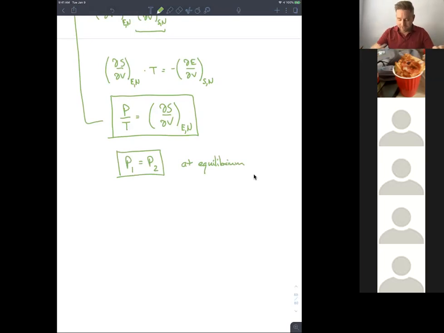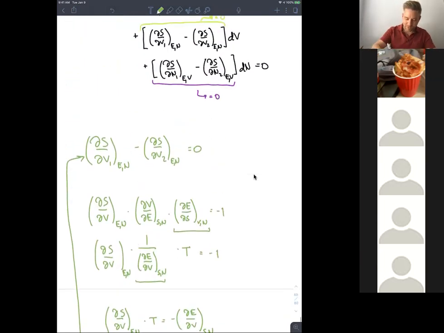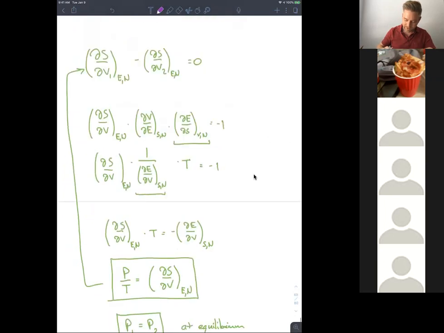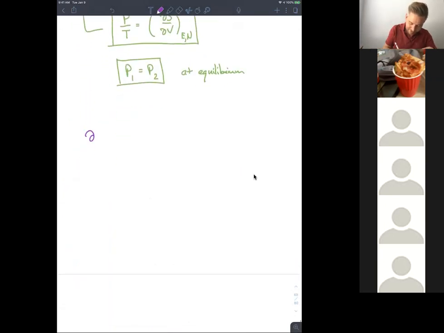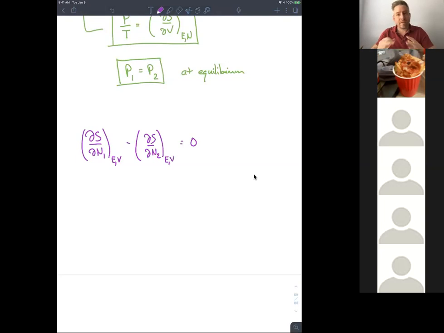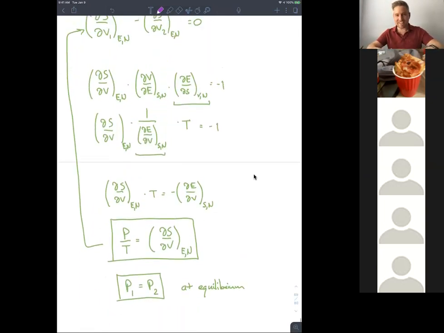All right, now that just leaves this last one, the purple. The purple gave us that ds dN1 at constant E and V minus ds dN2 at constant E and V is equal to 0. Now, I'm not going to go through the whole thing. The procedure is exactly identical to what we just did for the green one for the pressure.